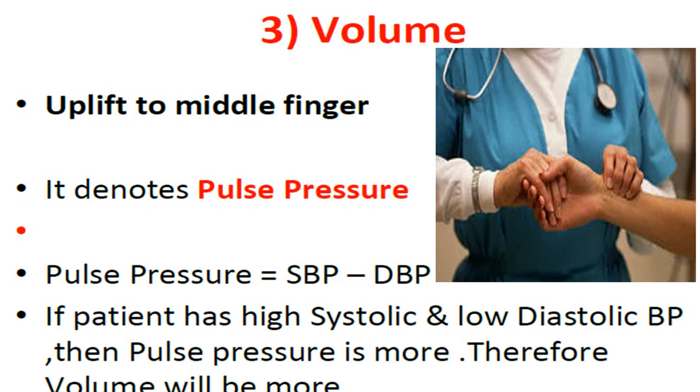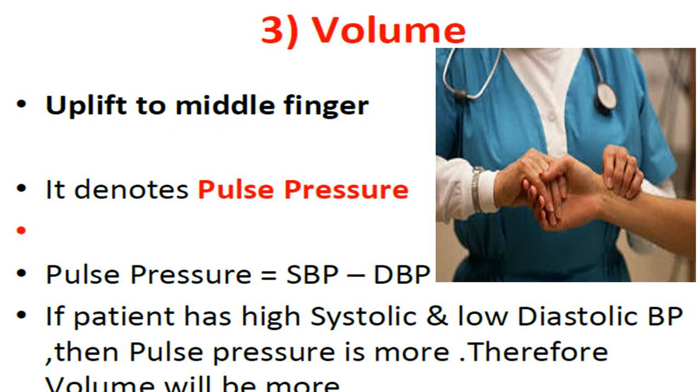What exactly do you mean by volume? It is the amount of uplift to the middle finger. When you are examining the pulse, the amount of lift you get in the palpating middle finger is called volume. How much is lifted up?